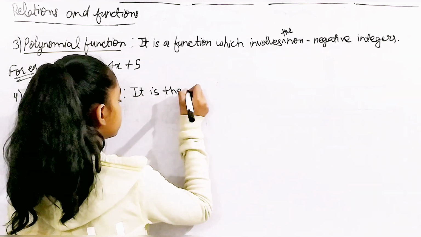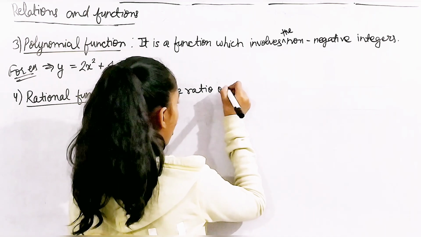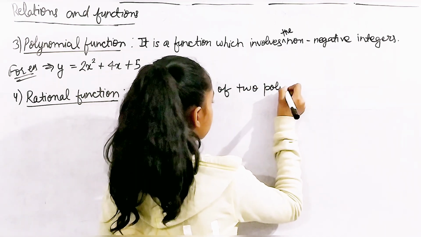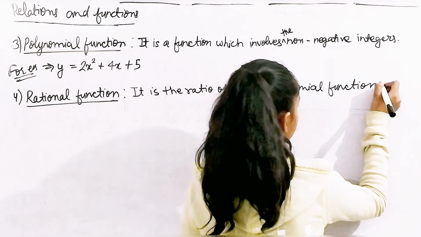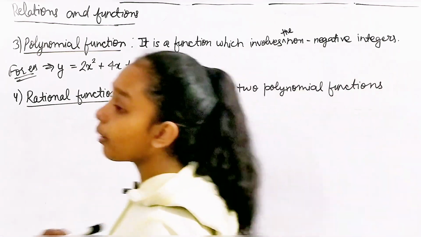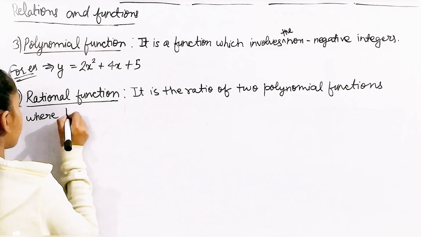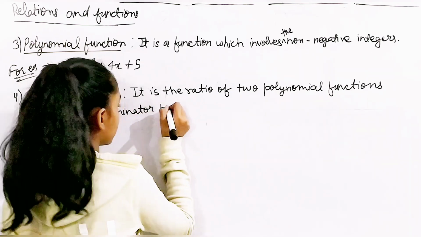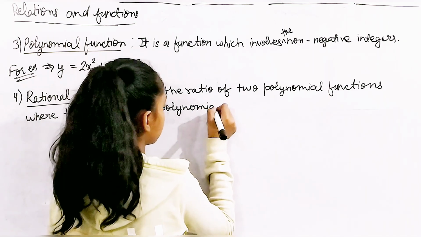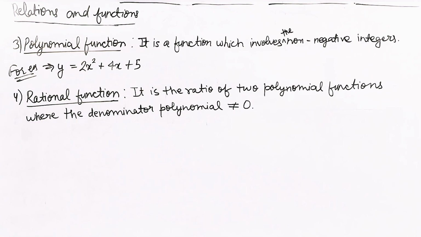It is the ratio of two polynomial functions where the denominator polynomial is not equal to 0.